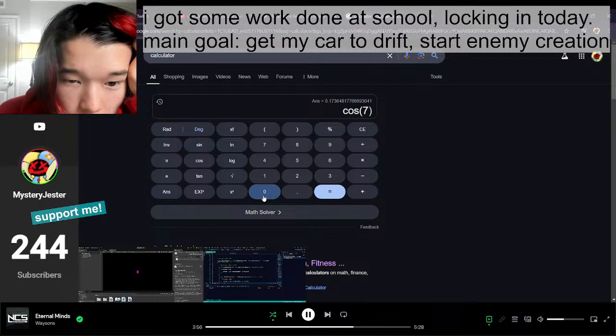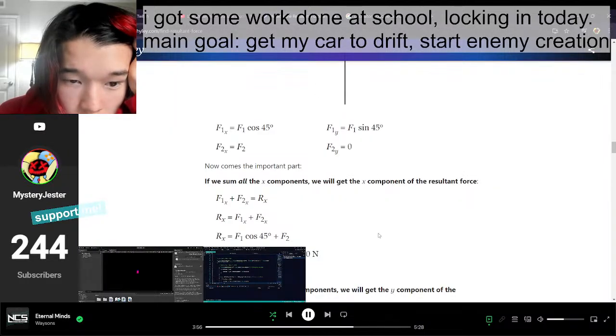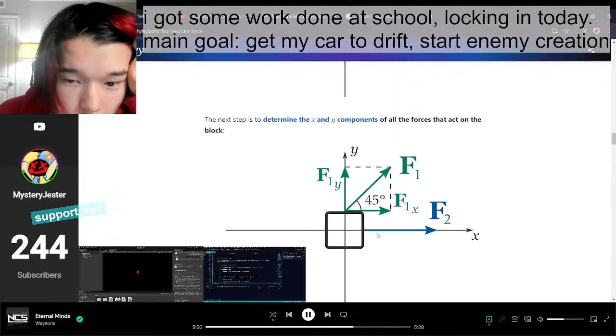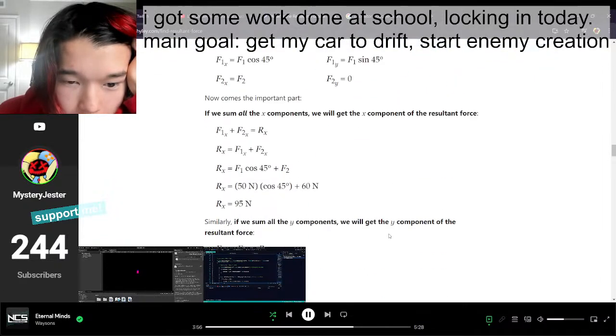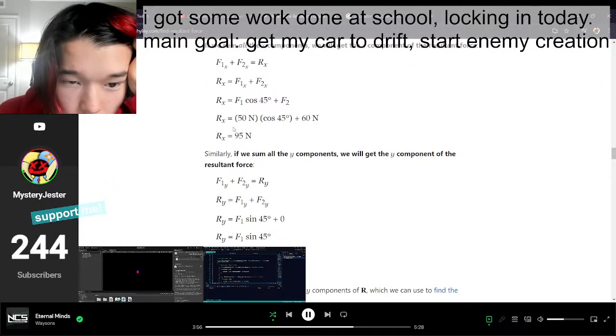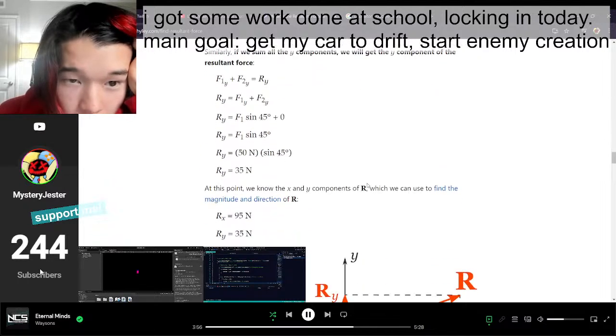Cosine 70. Cosine 60. Oh, cosine 60 is 0.5. That's silly. Okay. But this isn't 60, it's 45. So this is roughly 95. It's not an equals, it's roughly 95.